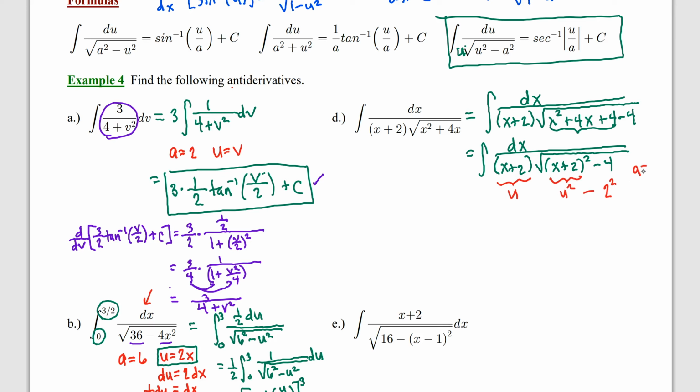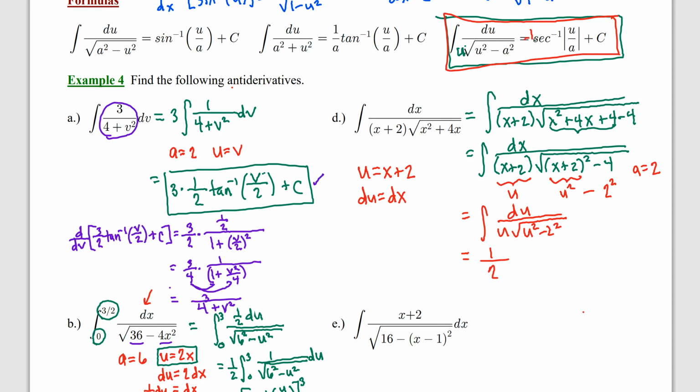In this case, we're looking at a equals 2. So if we make the substitution, u equals x plus 2, then notice there won't be a big change for replacing dx with du. So in terms of u, the integral becomes du over u times the square root of u squared minus 2 squared. So the antiderivative is going to be 1 over a, again, using this formula.